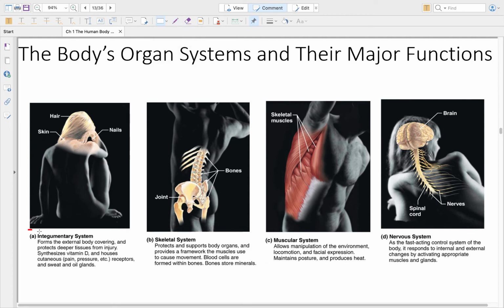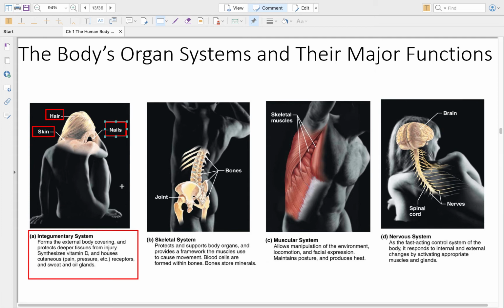The integumentary system. The integumentary system is the largest system because it includes your skin. And your skin is the largest organ of the entire body. Okay. Now, not only is it skin, it includes your hair and it includes your nails. Okay. And the integumentary system actually has a huge job.